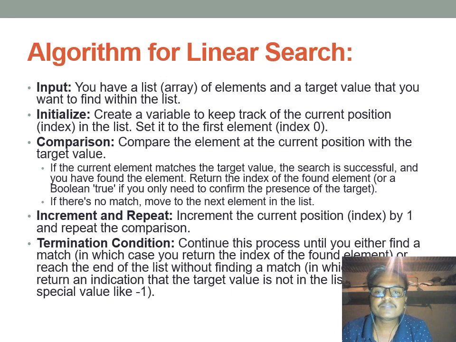If the current position matches the target value, the search is successful and you exit the loop. Else, if you find no match, you go to the next element. Then increment and repeat: increment the current position by 1 and repeat the comparison.